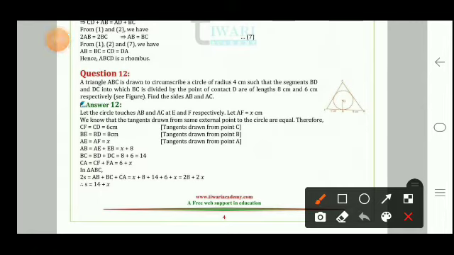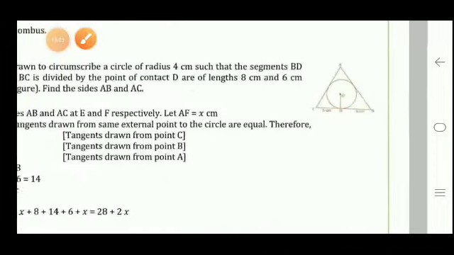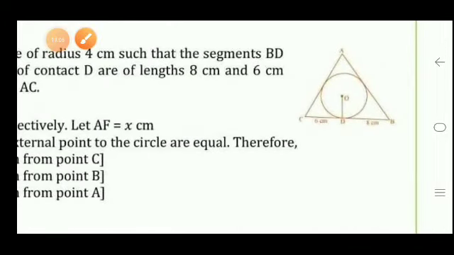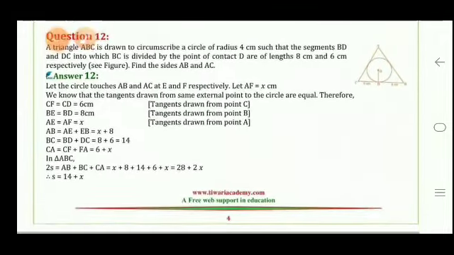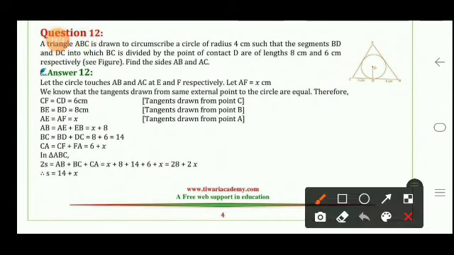If we see here carefully, a triangle is given in which the radius is given, and it is also given that CD is equal to 6 centimeters, DB is equal to 8 centimeters. Now how to solve this question? Look here very carefully.